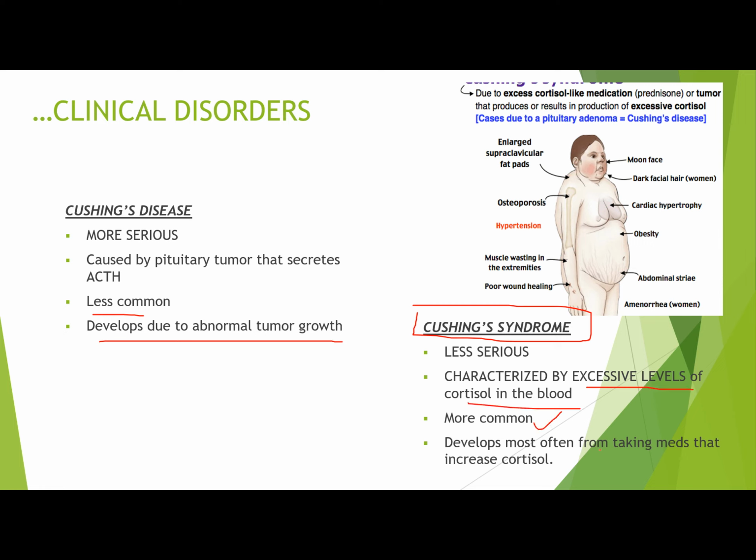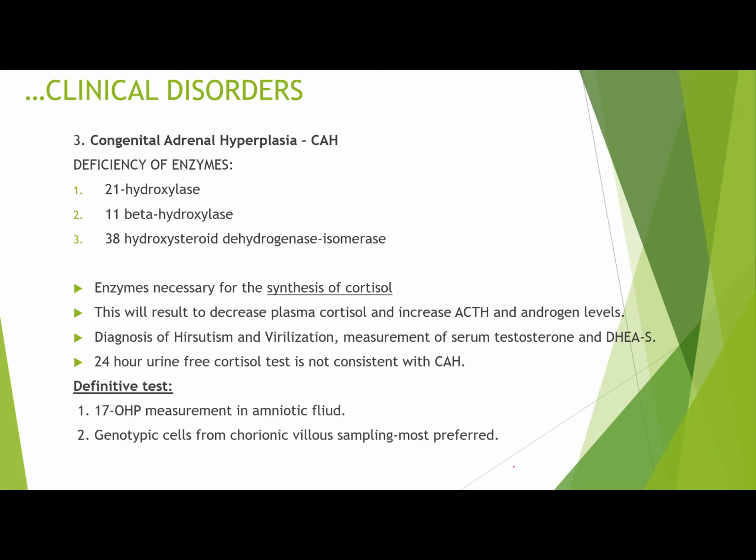Then we also have your congenital adrenal hyperplasia or your CAH, deficiency of enzymes 21 hydroxylase, 11 beta hydroxylase, 3 beta hydroxysteroid dehydrogenase or your isomerase. Enzymes necessary for synthesis of cortisol. This will result to decrease plasma cortisol and increase ACTH and androgen level.